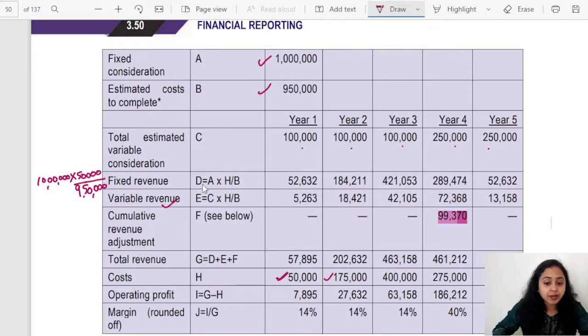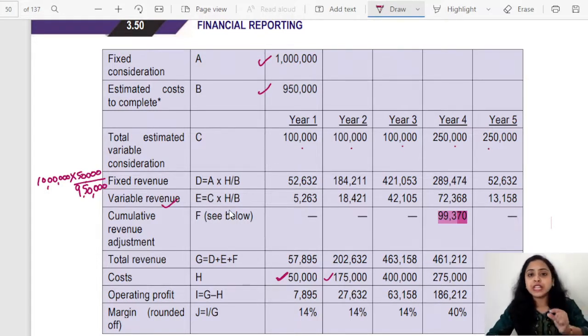Now comes the variable revenue. We know 1 lakh, 1 lakh, 1 lakh, 2,50,000, 2,50,000. Okay, so this is all clear, and this is being apportioned in the proportion of the cost of each year to the whole total cost.